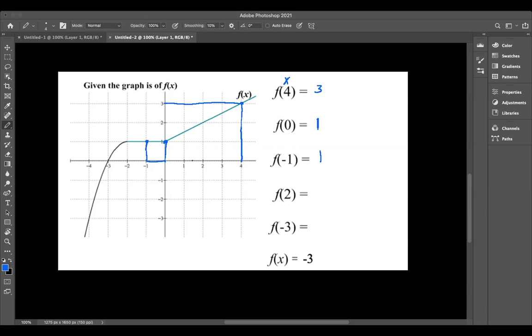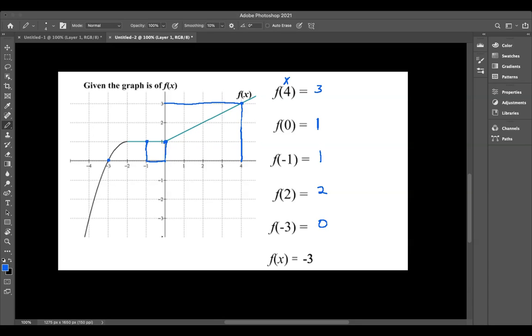Okay, 2 right here. It goes up to 2 right up on top. So this is 2. Just right here, -3. Going down, -3 gives 0. Right here is 0.